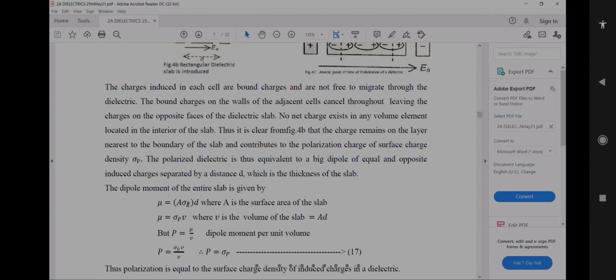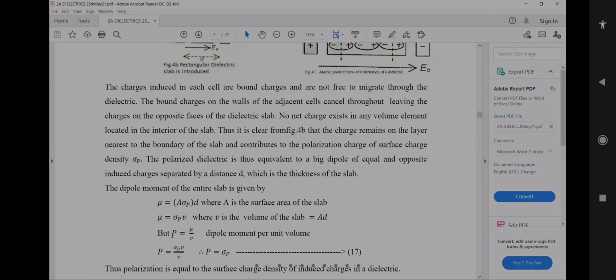The dipole moment of the entire slab is given by mu equal to A into sigma p into d, where A is the surface area of the slab. A into d is the volume of the slab, V. So mu is equal to sigma p into V, where V is the volume of the slab, that is A d.